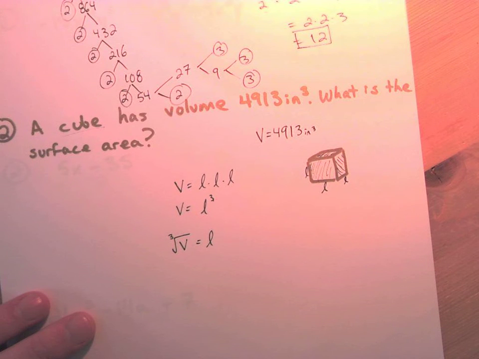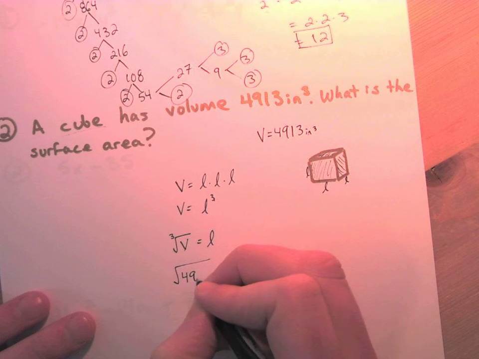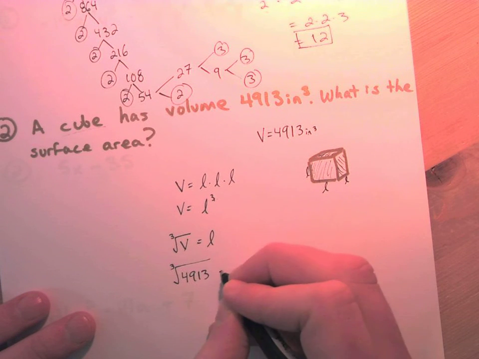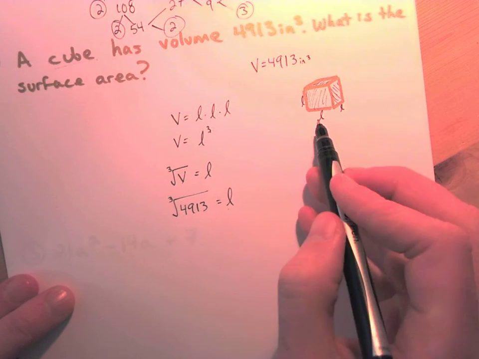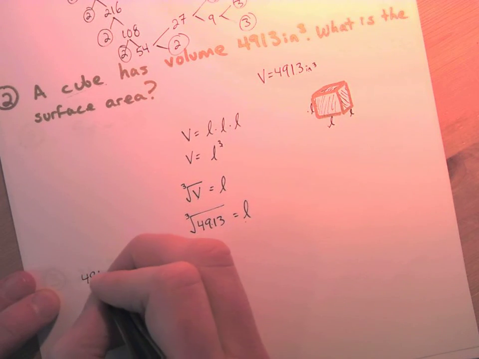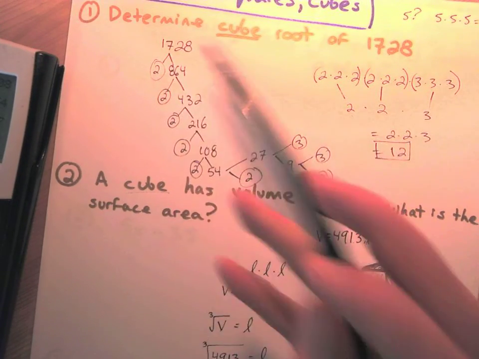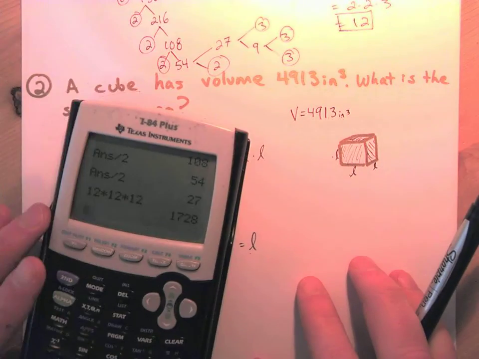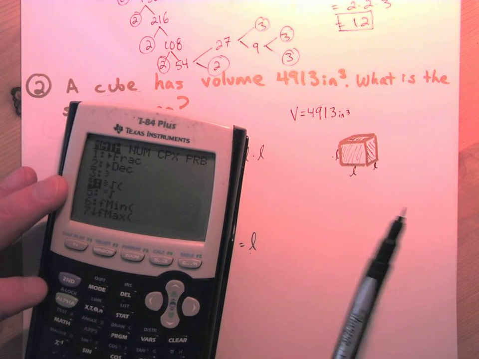So overall our volume is 4,913. So our length is the cube root of 4,913, because length times length times length will give us our volume. So let's try to find out what 4,913 cube rooted is. You could do the prime factorization way to solve for that cube root, or you can take your calculator and go to math, down to the cube root.